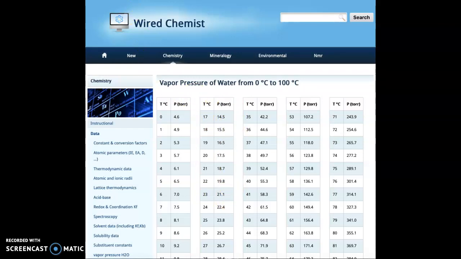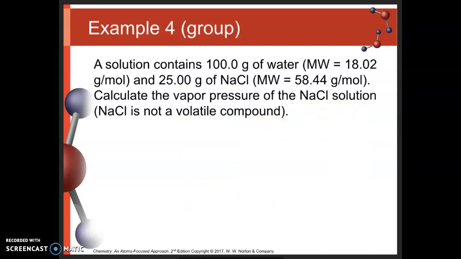So if I go back to our value here, the pressure of water at 25 Celsius is 23.8 torr, and that is going to be our known value.